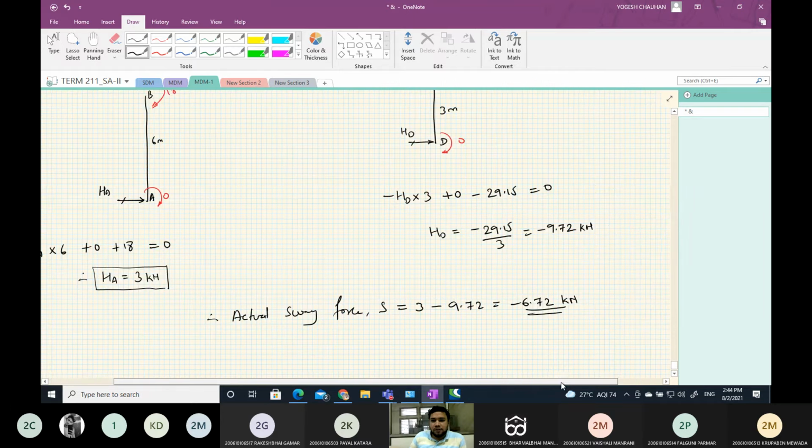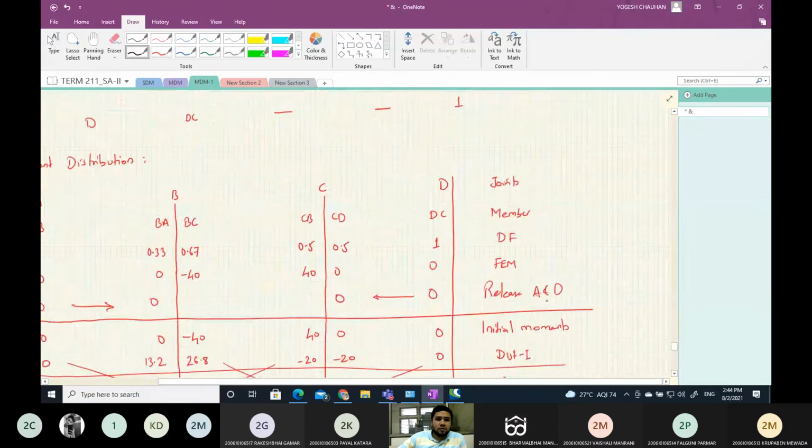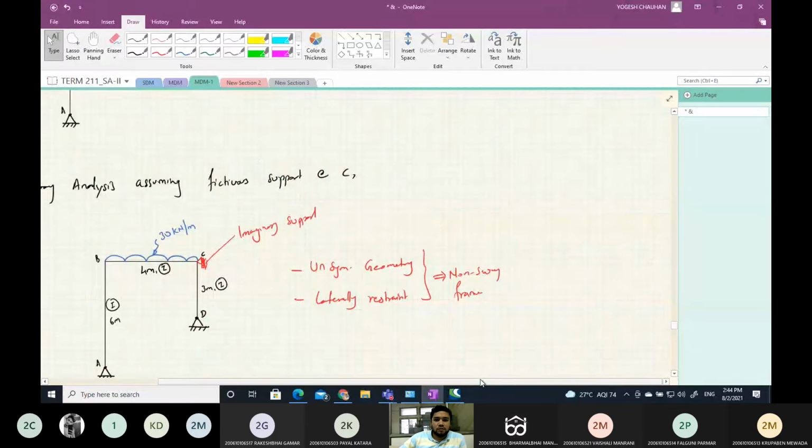Now minus 6.72 means the frame sways towards the left.